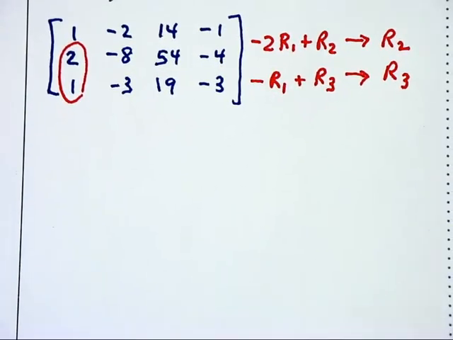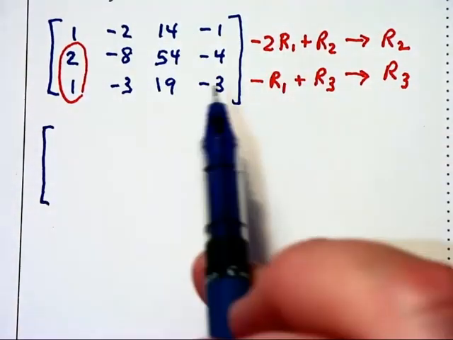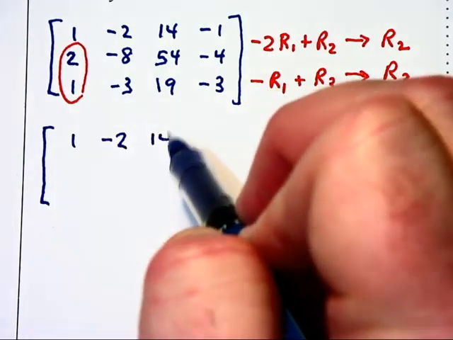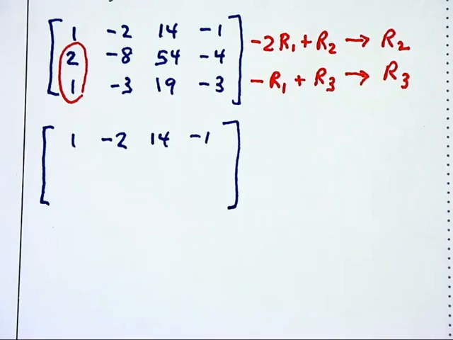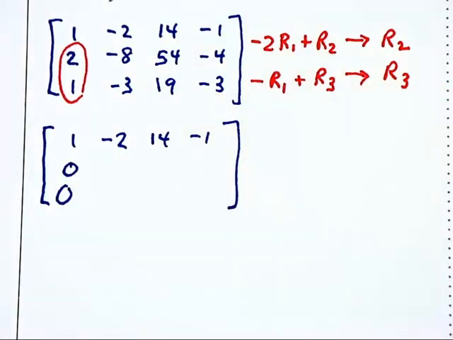Okay, let's apply these operations. Row 1 is only going to get changed mentally. It's actually going to stay 1, -2, 14, -1. And now we're going to change these other 2 as per these directions we've written there at the right. We know we're going to get zeros beneath that 1, so let's just write those in now and focus on the other things.